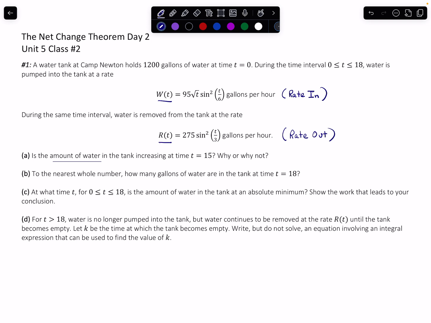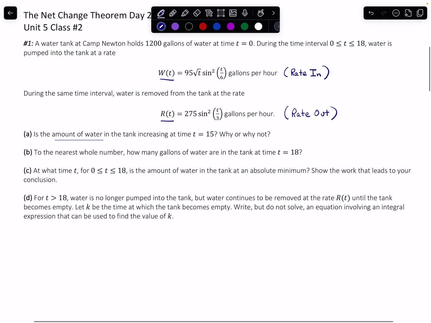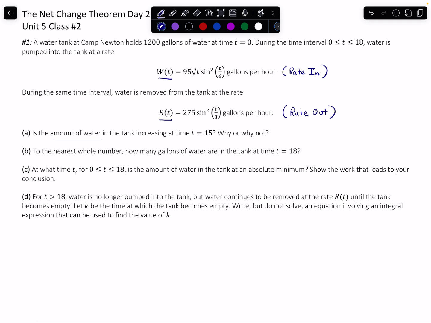Pretty standard in this problem, I always urge students to do this. Before I even answer part A, I'm going to define a function and let it be the amount of water at time t. You could pick whatever you want because it's your choice, but maybe I'll pick A of t.